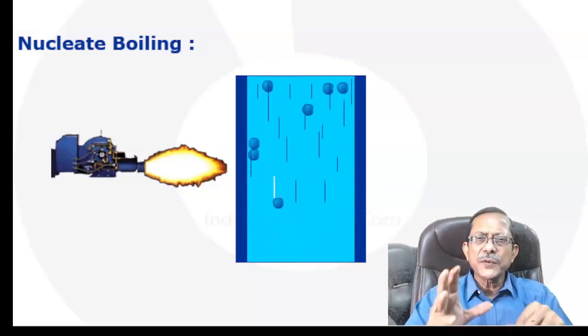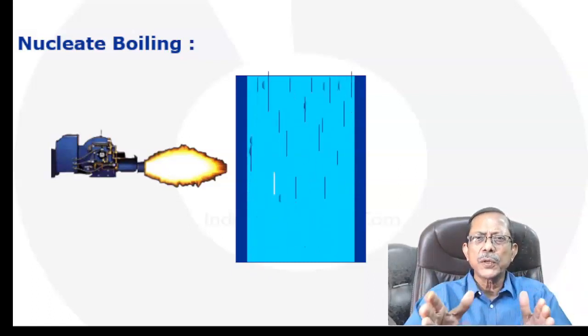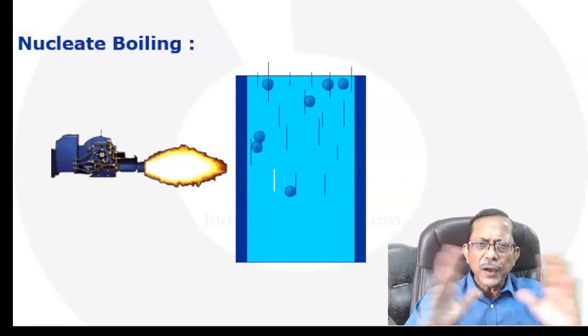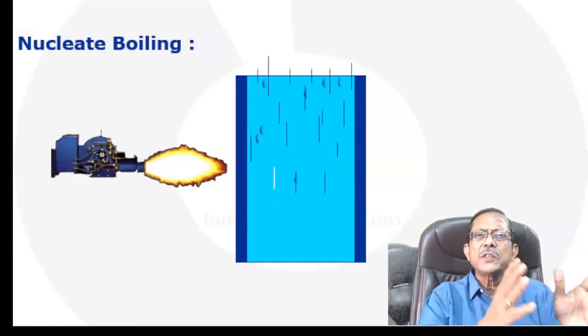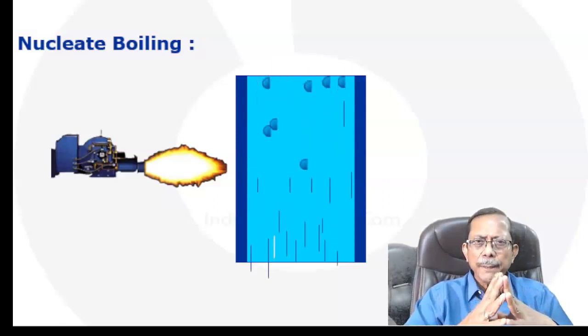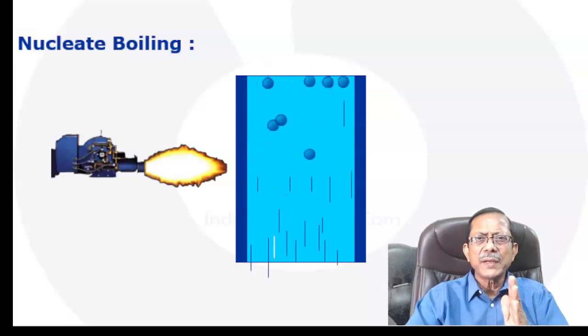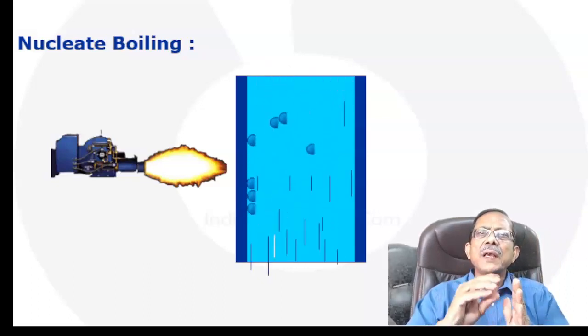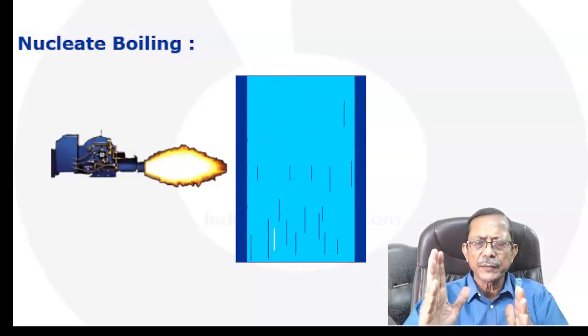Now the heat transfer coefficient for the heat transfer from the metal to the water is far greater than the heat transfer coefficient when the heat is transferred from the flue gas to the metal. What does it mean? It means the metal gives away the heat to the water at a much faster rate.